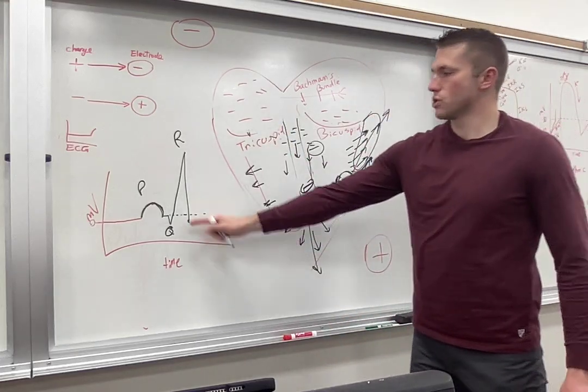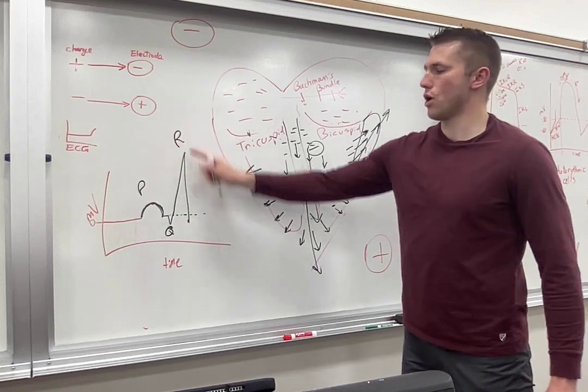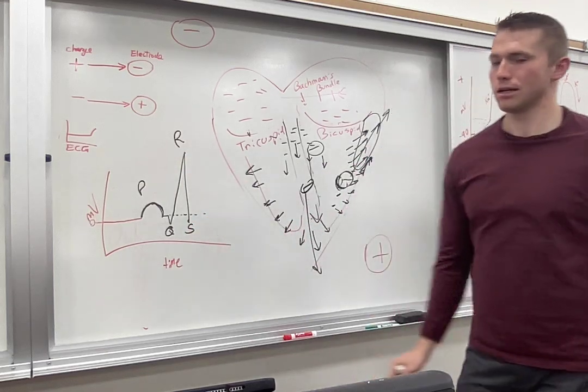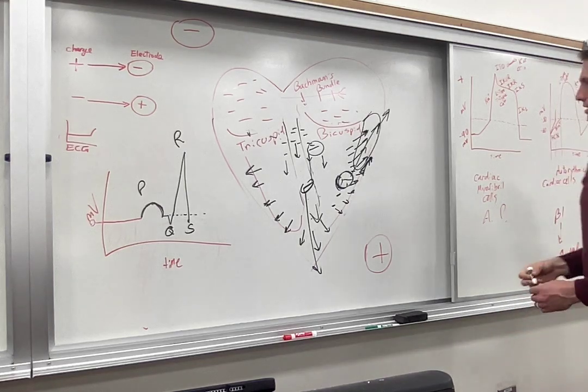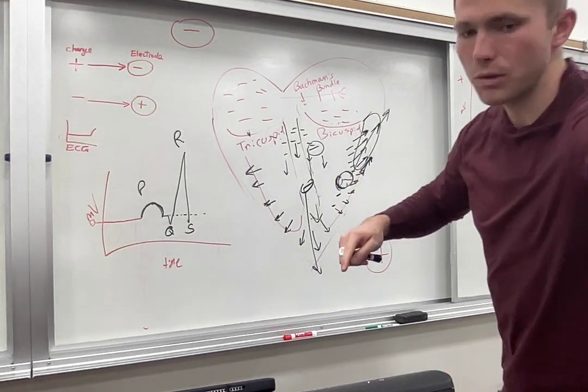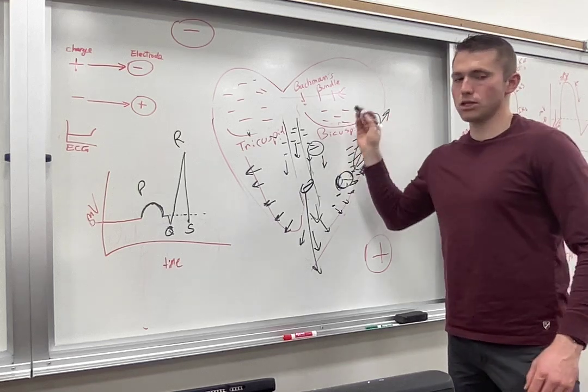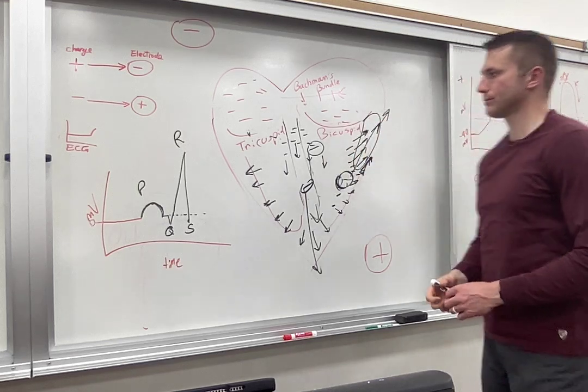Okay, so that is going to almost complete our QRS, you guessed it, this is going to be the S wave right there. So that's the bottom of the S wave, which represents the depolarization of the left superior ventricle.